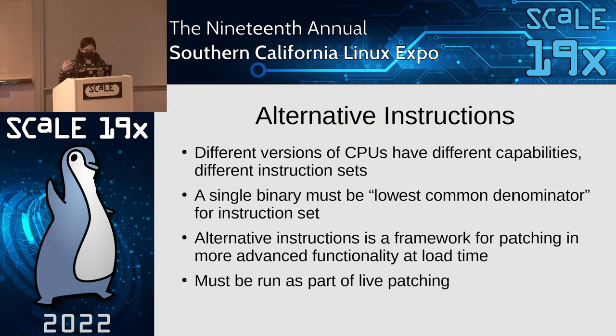And it does this, with a Linux module, when it loaded it, or for Xen, it'll do it when it loads the live patch. And this really needs to be run as part of live patching, or like me, you will discover that you've encountered a memory access violation.